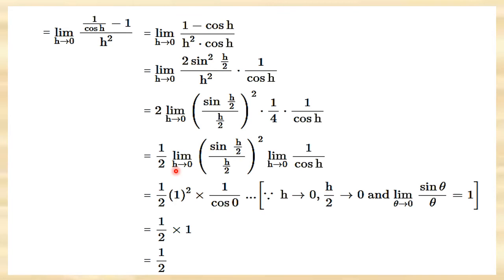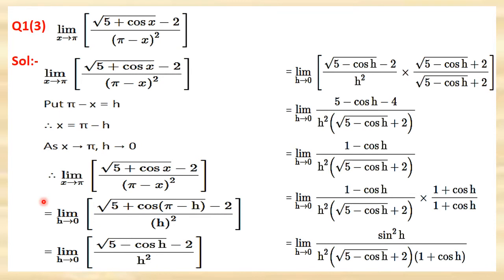So we can directly apply the result limit theta tends to 0 of sin theta by theta is equal to 1. So this part will be 1, and limit h tends to 0 of 1 by cos h is 1 by cos 0, and we know cos 0 is 1. So 1 by 2 into 1 is equal to 1 by 2.